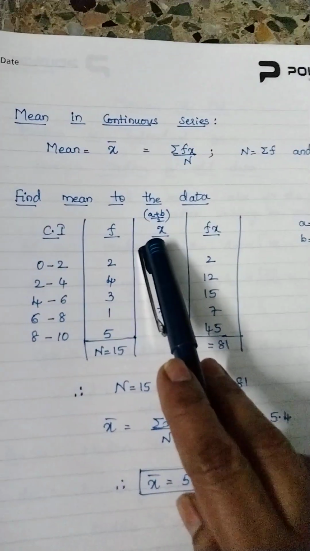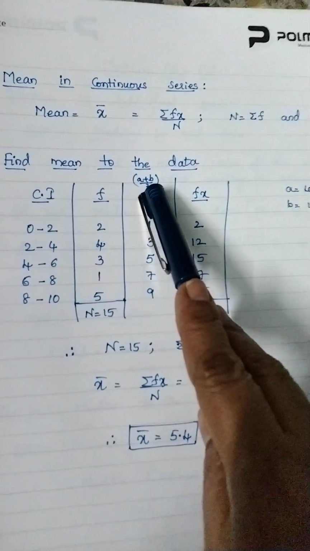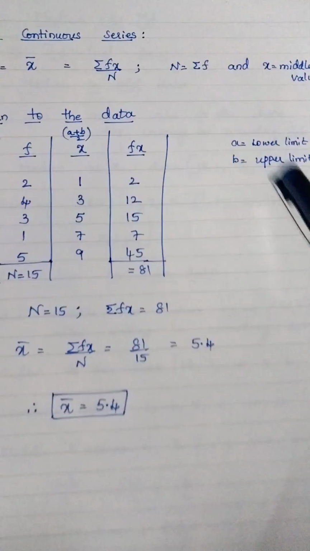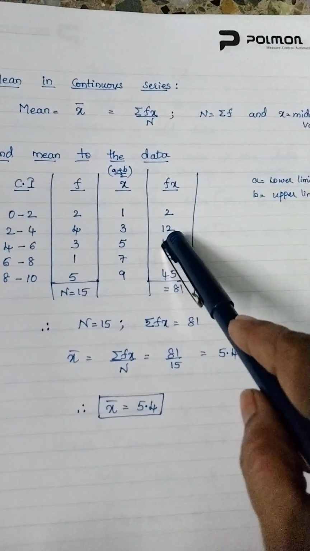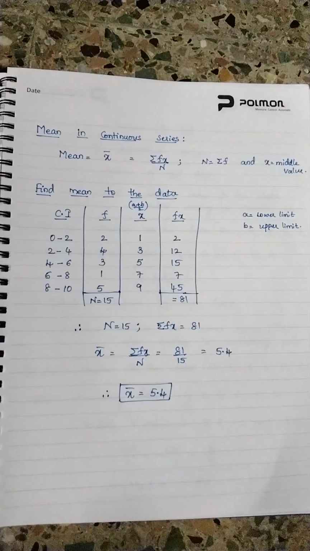Here I have written one formula, a plus b by 2. What is meant by a plus b by 2? Don't get confused there. Here a is nothing but the lower limit and b is nothing but the upper limit. To find the middle values, the formula is a plus b by 2, that means lower limit plus upper limit by 2.